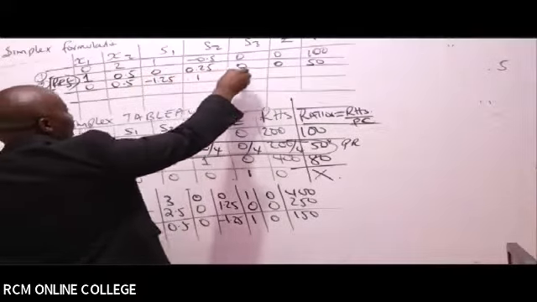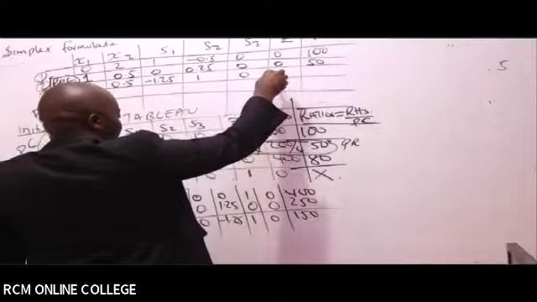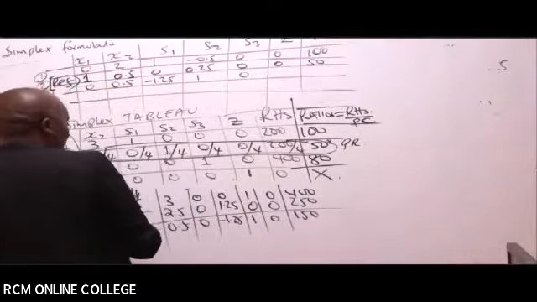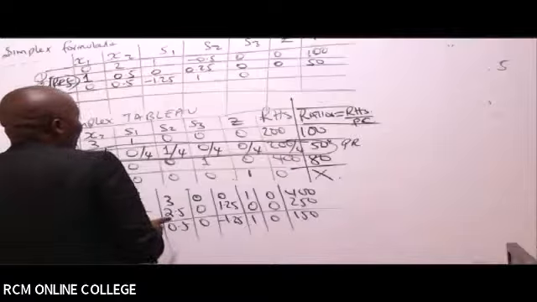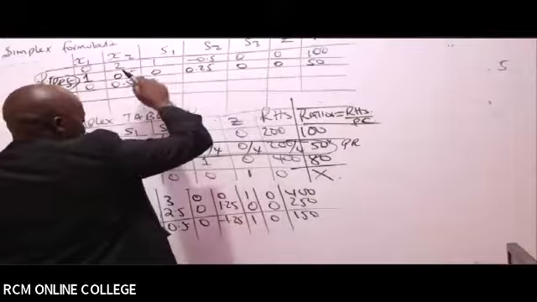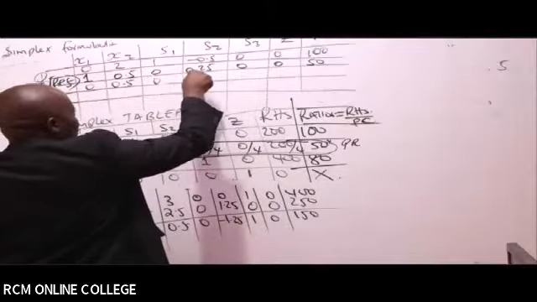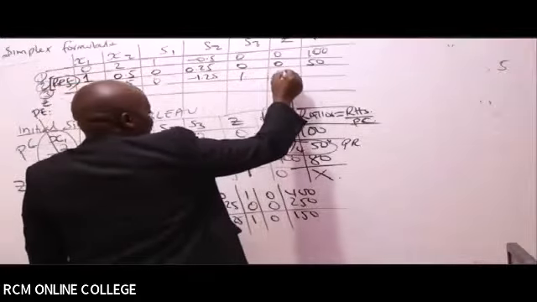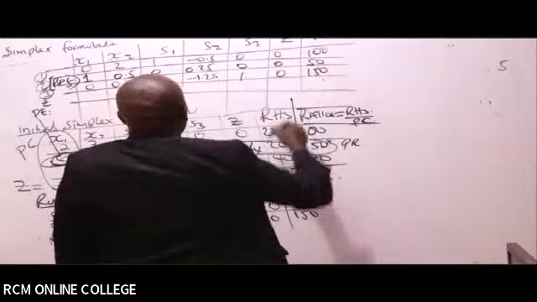Did I skip something? Yes, I skipped a 0. So 0, 0.5, minus 1.25, then we have 1, then 0, and then 150.